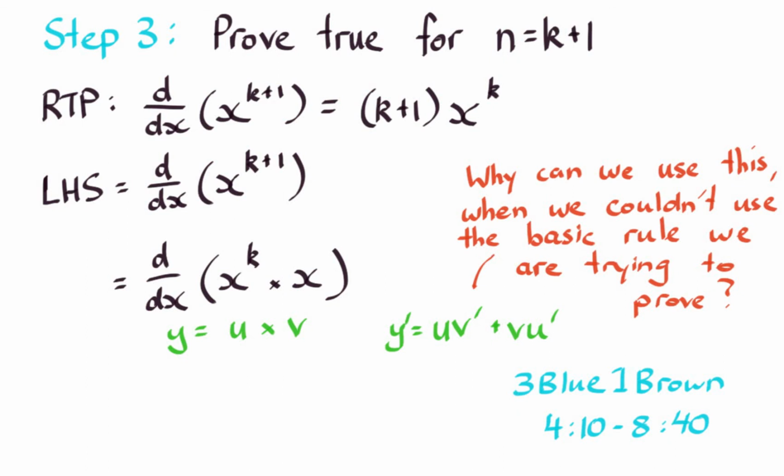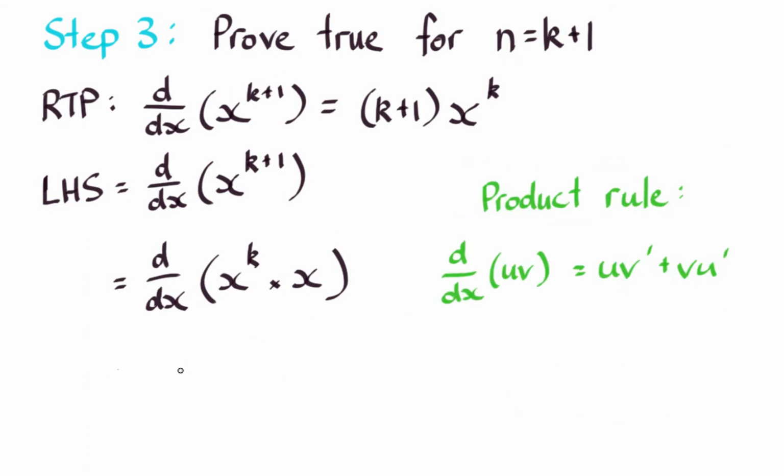Alright, so hopefully that video from Grant helped you understand why the product rule can be viewed separately to the calculus identity we're trying to prove. So let's go ahead and use the product rule now with this specific setup.